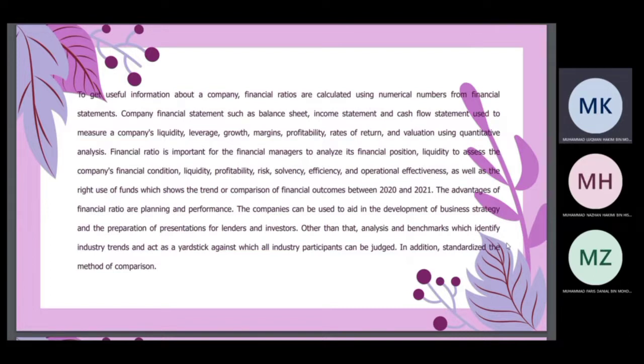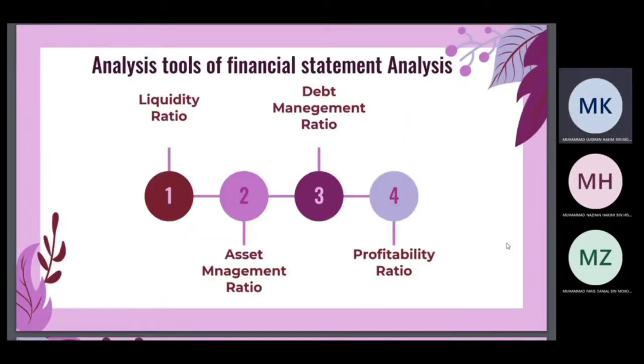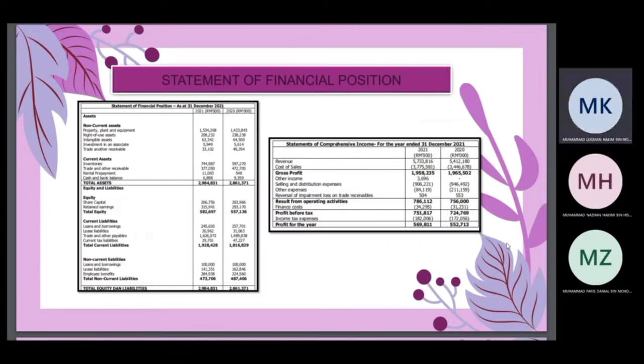A financial analysis will carefully go over the income statements, balance sheets, and cash flow statements of a corporation. Next. This is a statement of financial position. We use it to refer to all the calculation and analysis tools of financial statement analysis.